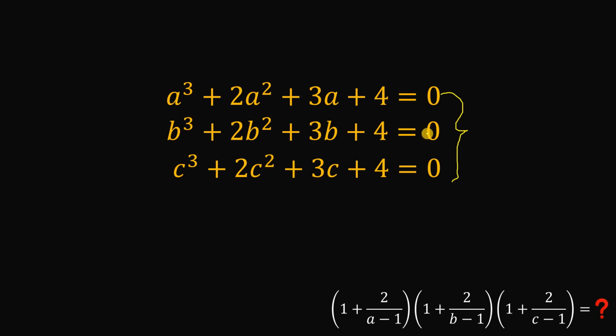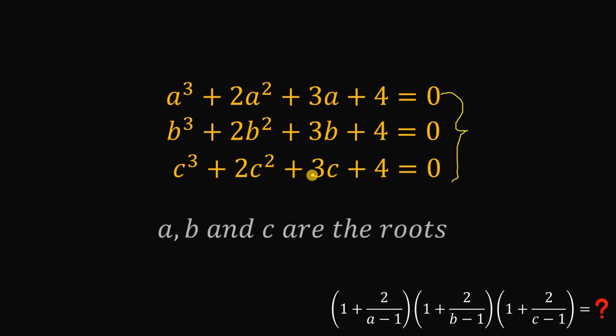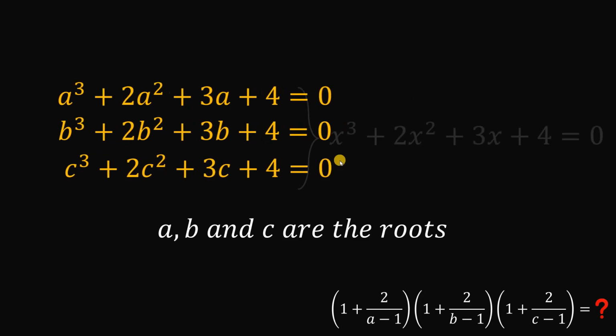Now, seeing these three equations, the initial information that we get is that A, B, and C are the roots of a given equation. And the question is, what is that equation? So what we're going to do is replace A, B, C with the variable x.